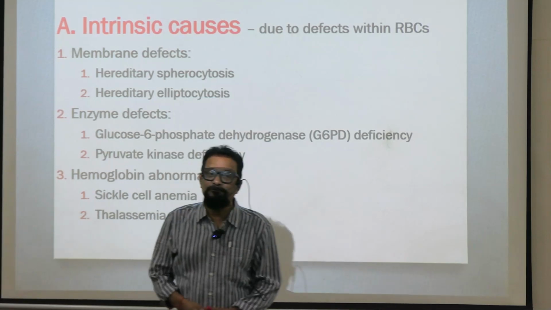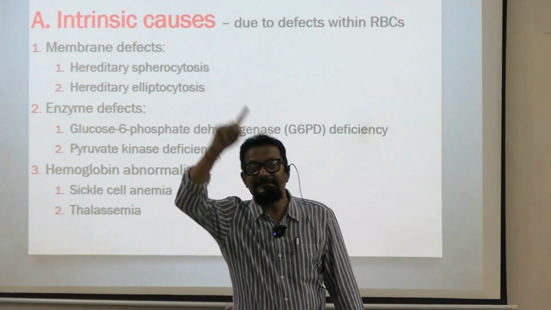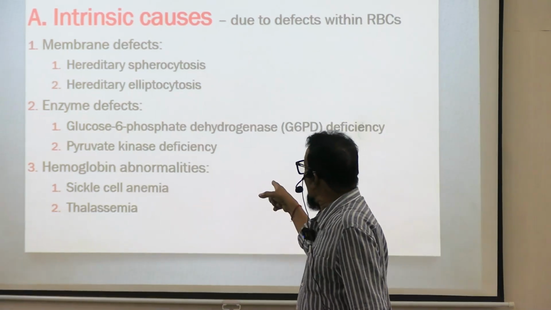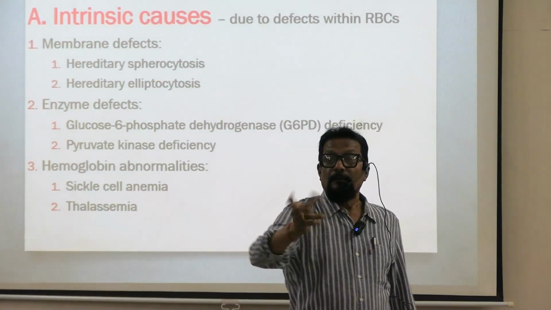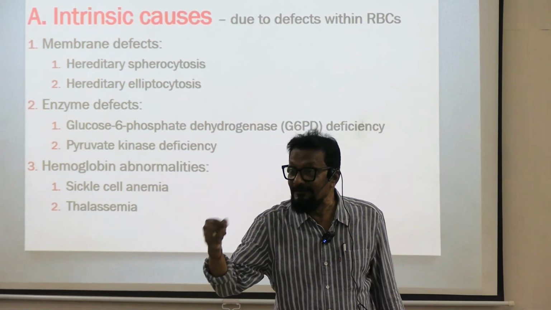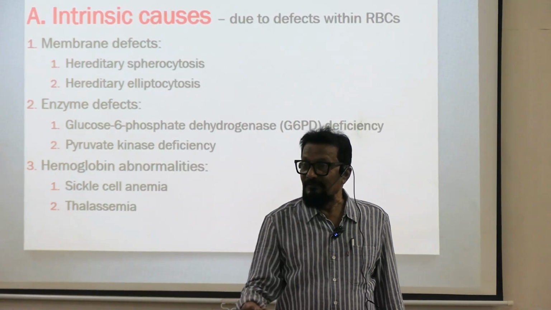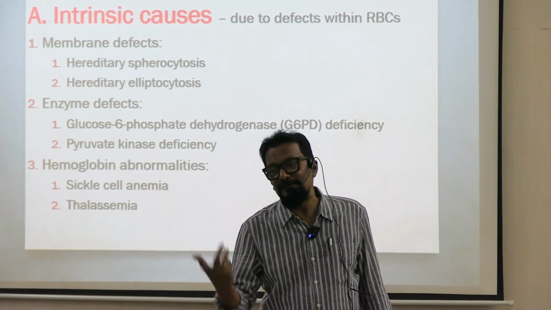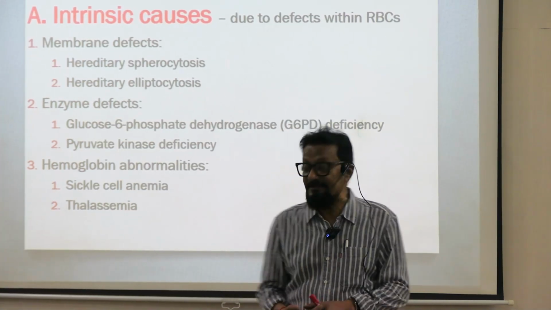Hemoglobin abnormalities we have seen. In sickle cell anemia, there is abnormal hemoglobin, and also in thalassemia, the globin chain is either absent or low in amount. So these are also abnormal and may cause hemolysis.